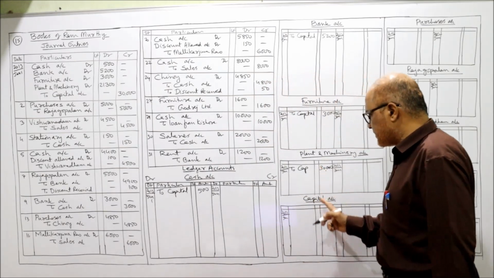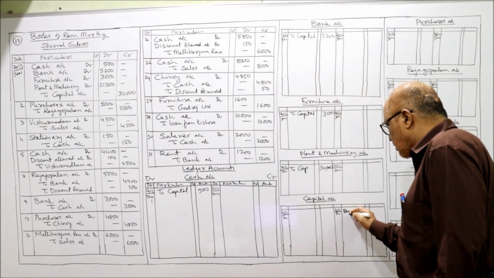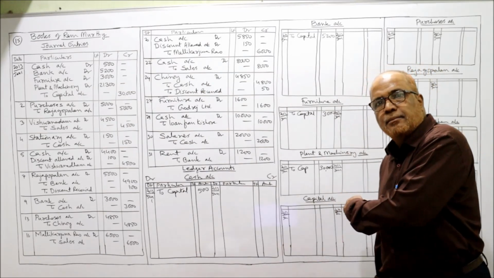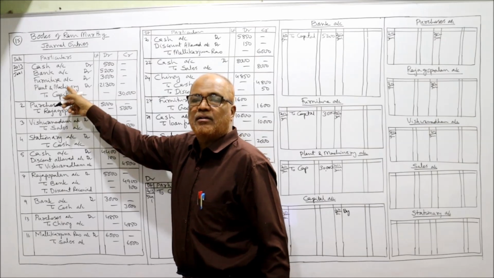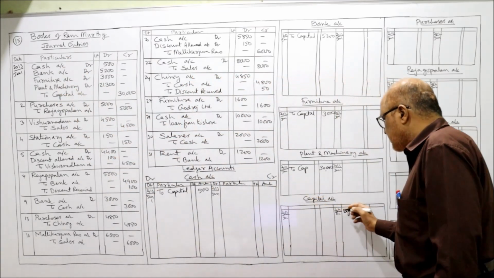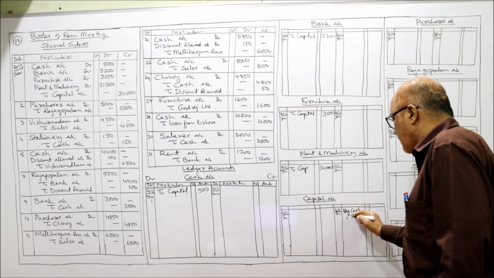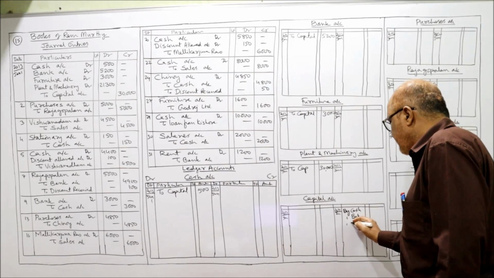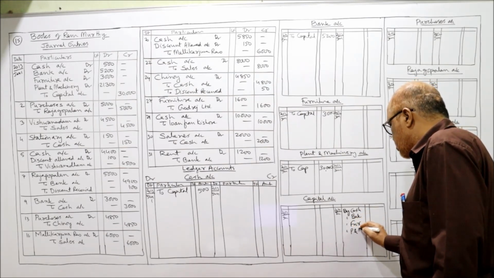Now this is the capital account. On credit side, I should write down "by". Credit side, by. I should note down all the 4 items which I have debited. Take it on the credit side. By cash, by bank, by furniture, by plant and machinery.